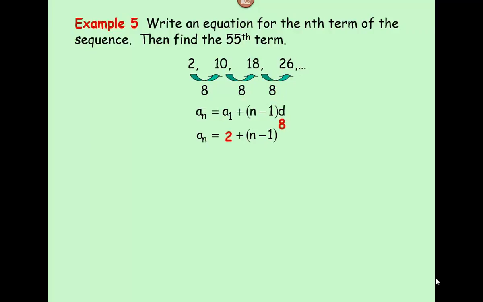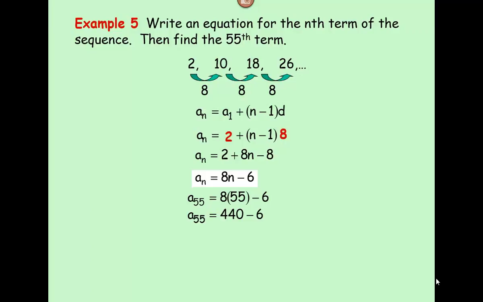We plug in 8 for D, do our distributive property, combine 2 and negative 8, and here is our general equation. At this point, we just need to substitute in 55. A sub 55 equals 8 times 55 minus 6. So 440 minus 6, or 434, is the 55th term.